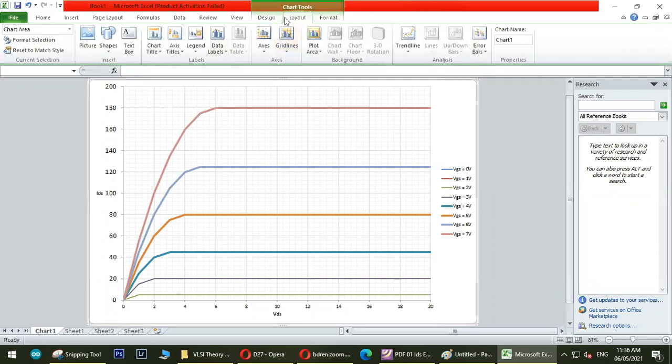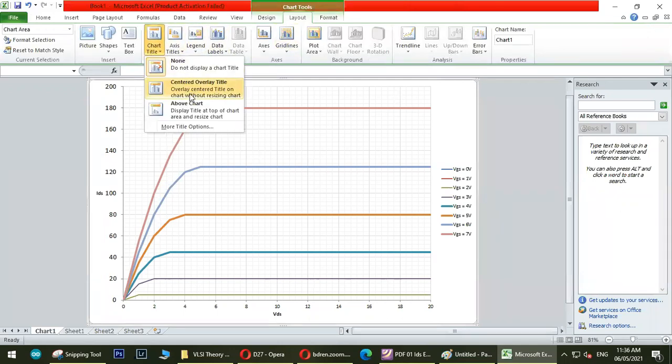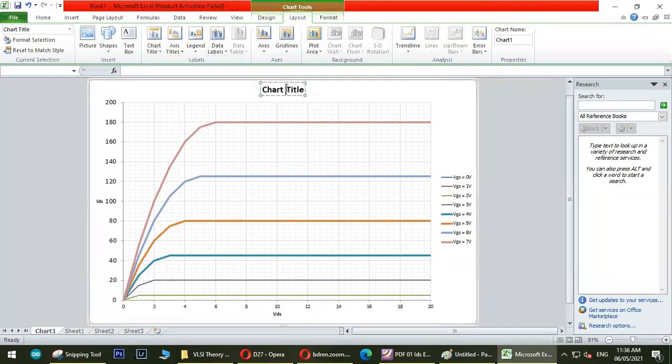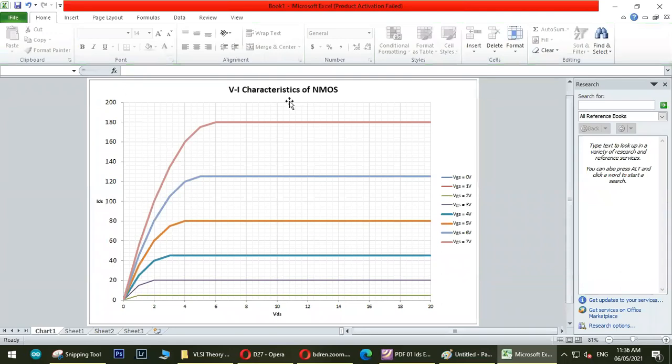Then you can give a chart title: VI characteristics of enhancement type NMOS. You can write it like that. Then you can submit this in a document.